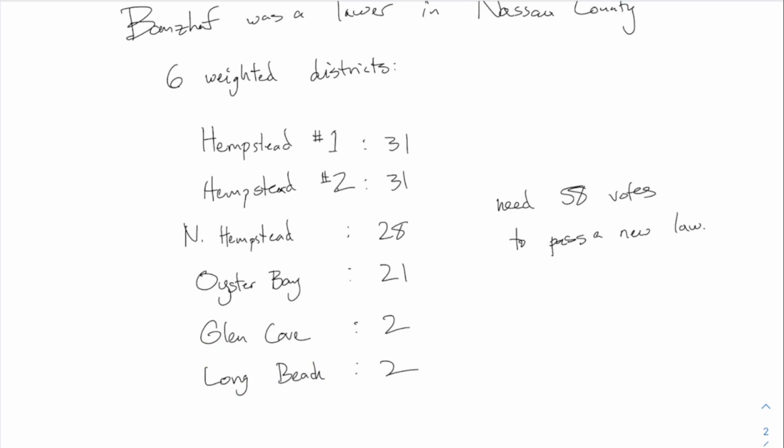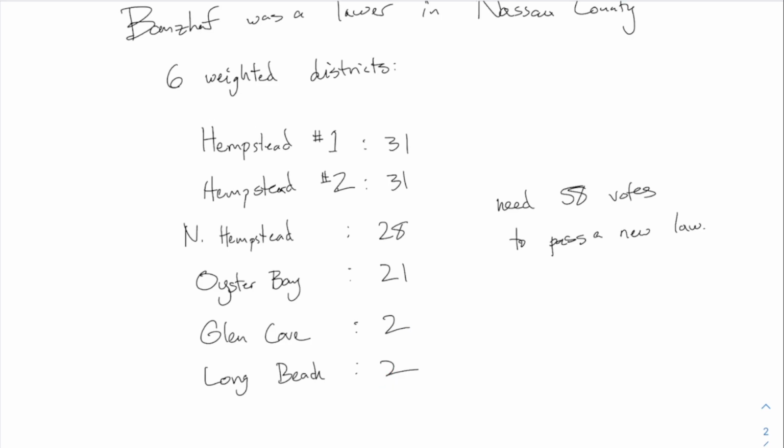The people in Glen Cove can vote, and those 2 get to count for whatever they voted for. But if you want to get to 58, there's no way these 2 can have any effect on anything. In this weighted system, this 2 and also this 2 would constitute dummies.